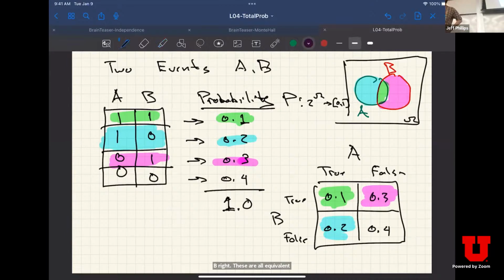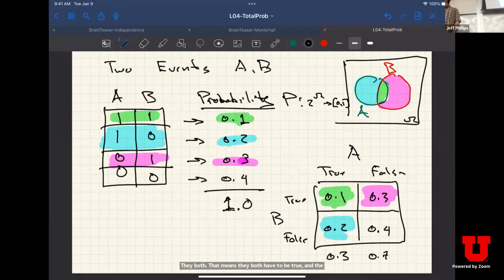What I haven't written down is, say, the probability that A is true. I can write it in the margin by adding up those two conditions. Conditioned on B being true, what's the probability A is true? I get 0.1, meaning they both have to be true. The probability that A is false is 0.7.